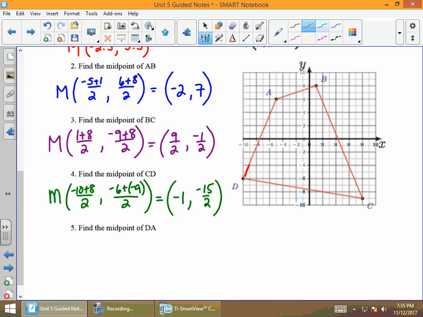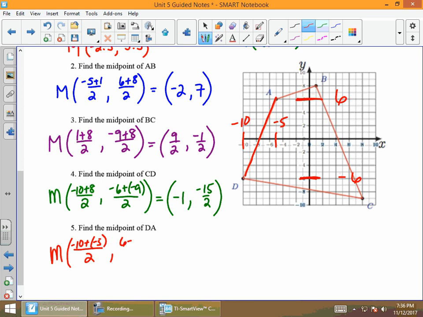Okay, and here is DA. Our x value for D is at negative 10. For A, it's at negative 5. So my midpoint is negative 10 plus negative 5 divided by 2. My y values are way up here at 6, and down here at negative 6.